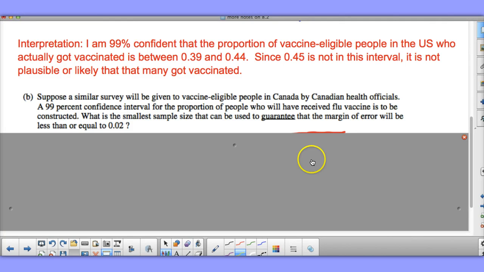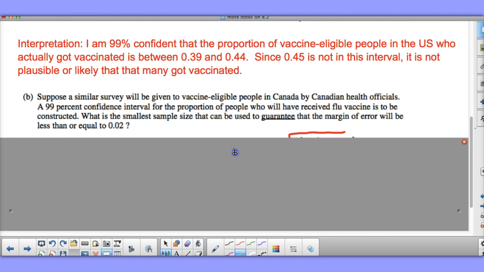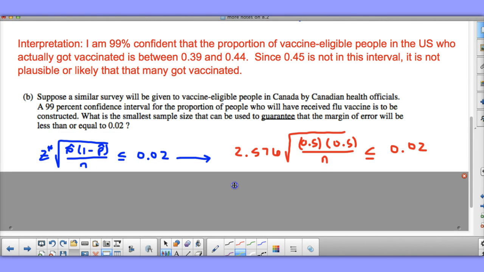Okay, here's where we're talking about sample size like we discussed in class today. So this is our margin of error, z star times the square root of p hat times 1 minus p hat all over n. And I don't know what the sample size is. I'm going to be solving for n, but I have my value for z star.